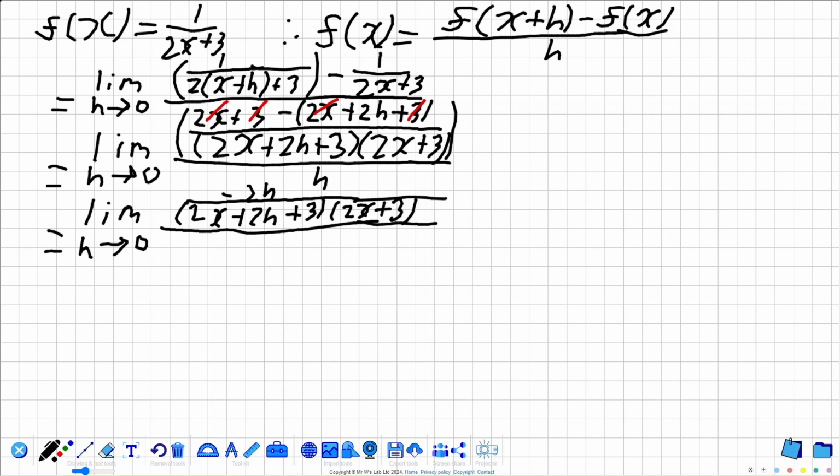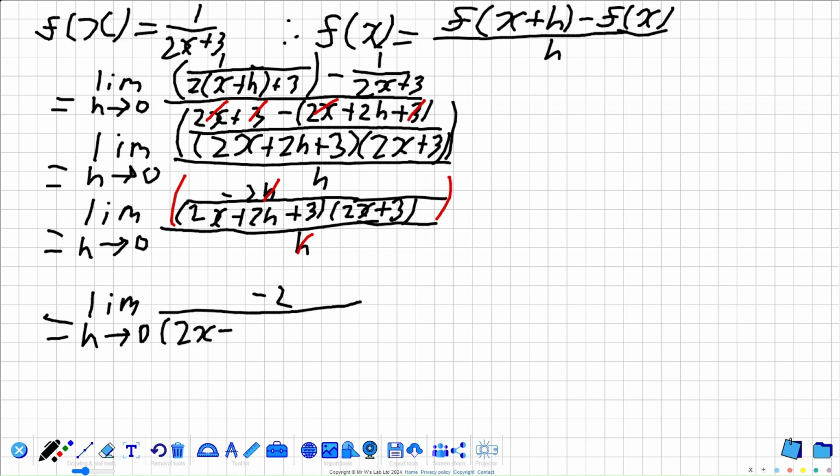This looks very rough, and then that will just be over h again, and then we can say that this equals the limit as h approaches 0. And what we can do is look at it like this, we've got this fraction over h, and because this bit's on the numerator, we can actually cancel this h and this h, and then that will just give us negative 2 over the big equation again, so 2x plus 2h plus 3, and also 2x plus 3.